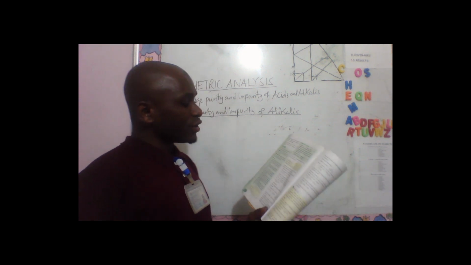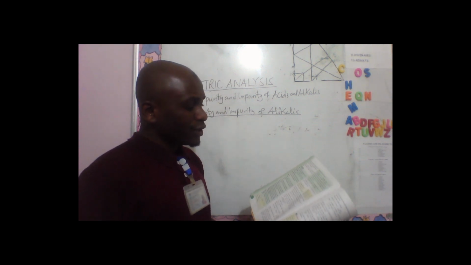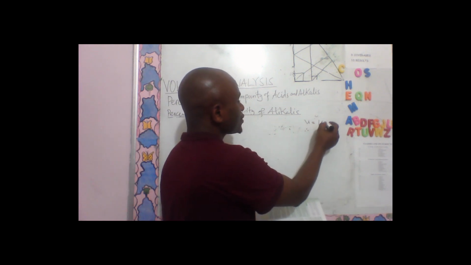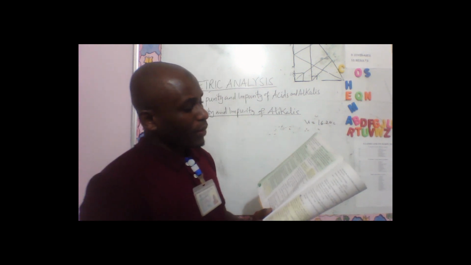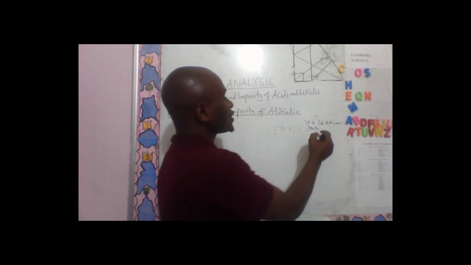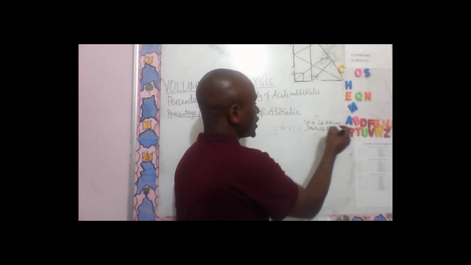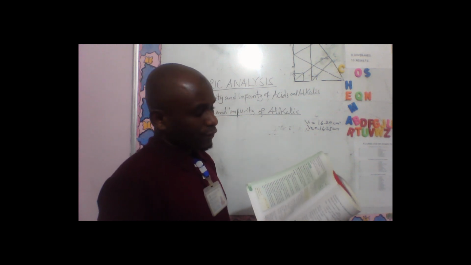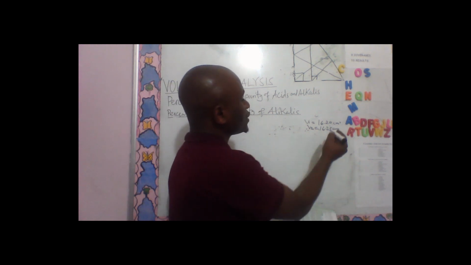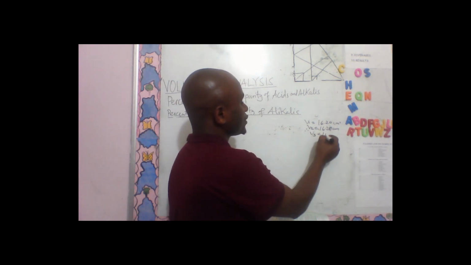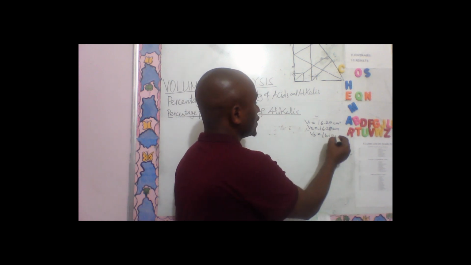We are removing the period because it's rough, but we have volume number 1, V1 is equal to 16.20 centimeter cube, but also we have V2, which is equal to 16.25 centimeter cube, and V3 is equal to 16.10 centimeter cube.